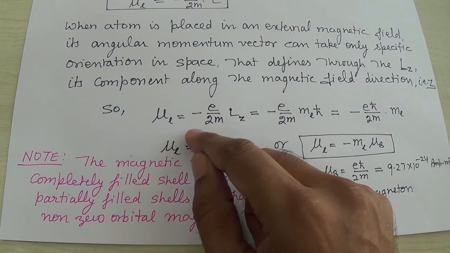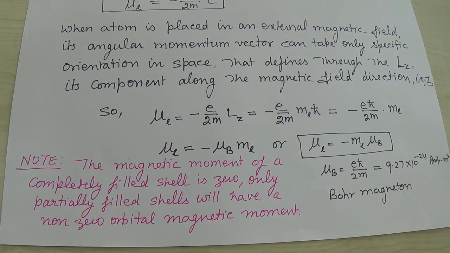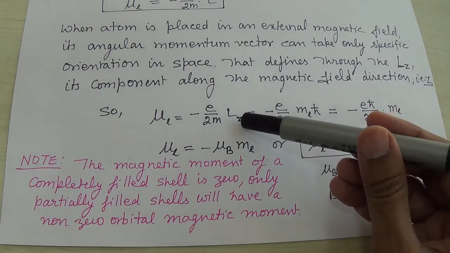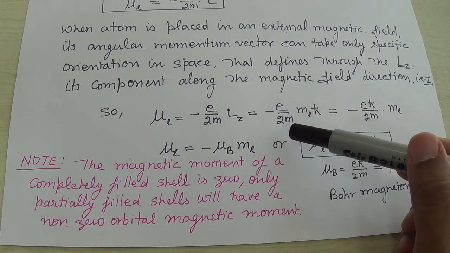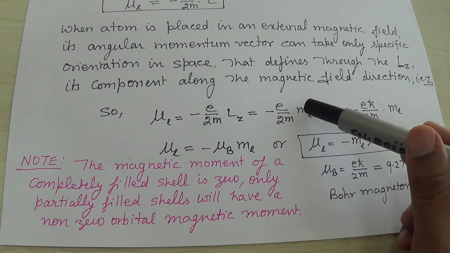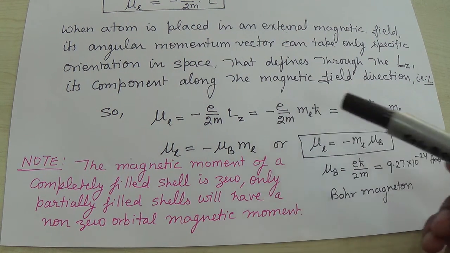So mu L is equal to -e upon 2m into Lz, and that is equal to -e upon 2m into ml h cross. The point to remember here is that ml is the magnetic quantum number and m is the mass of the electron.